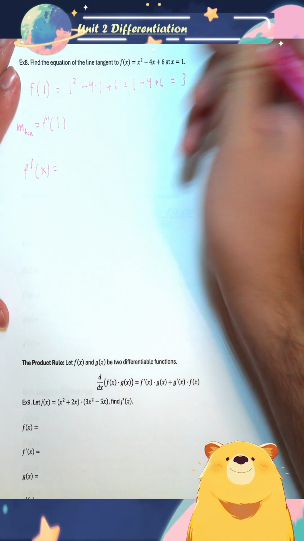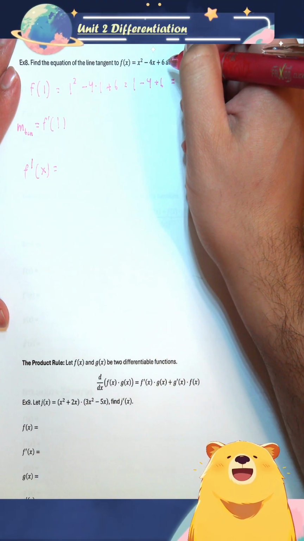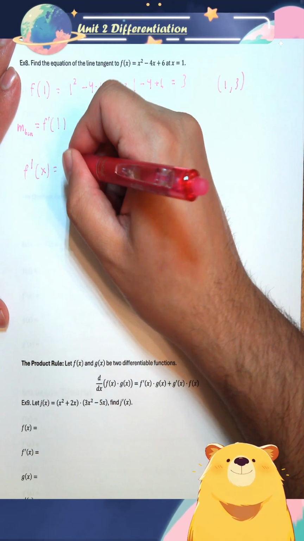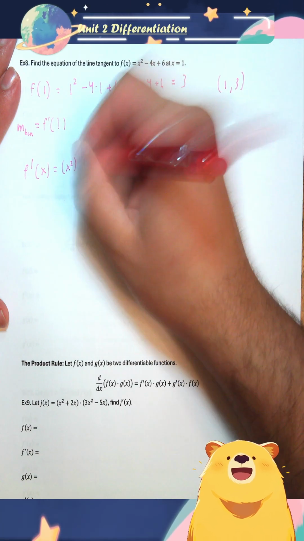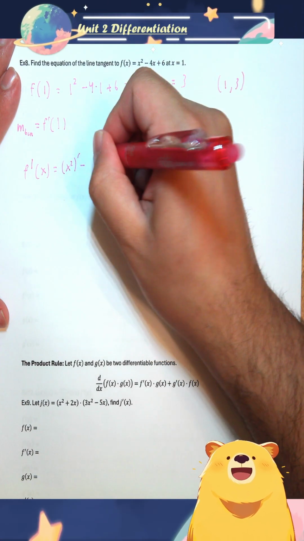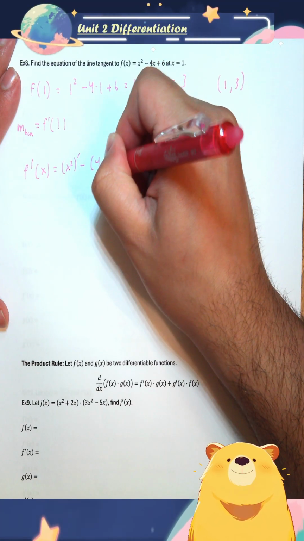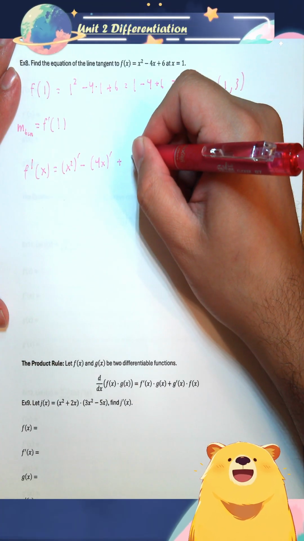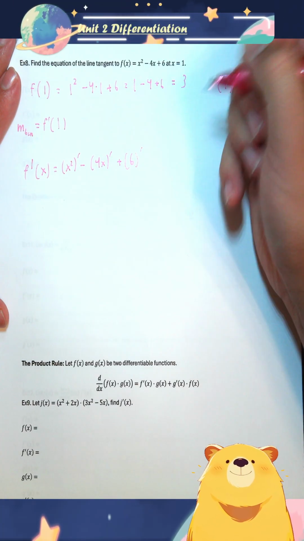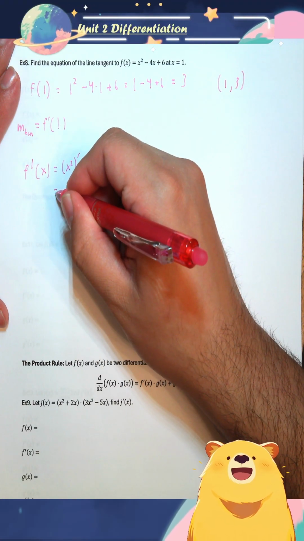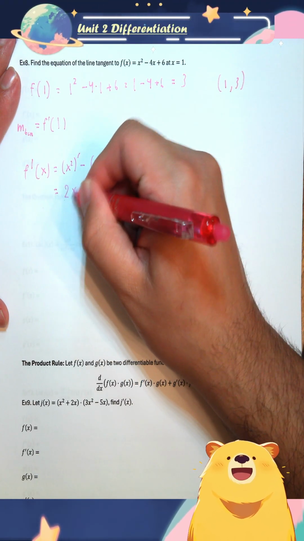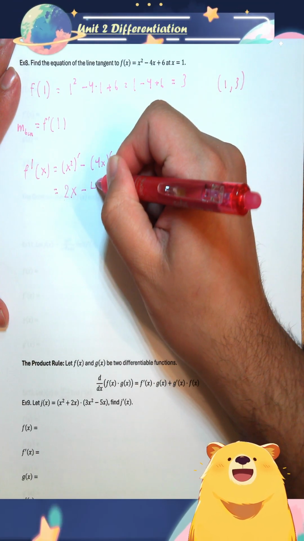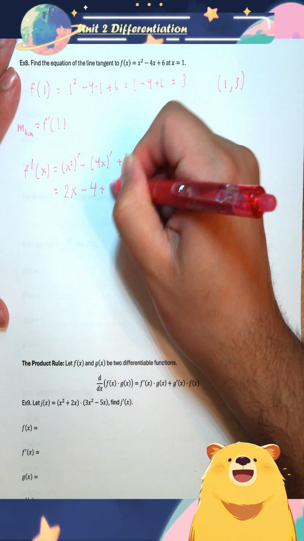So via the sum and difference rules, we have that it is just the derivative of x squared minus the derivative of 4x, and then plus the derivative of 6. And you have 2x. What comes out of here is a 4, and then what comes out of here is a 0.